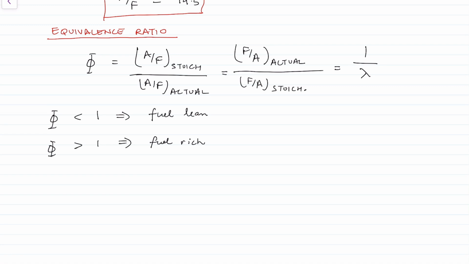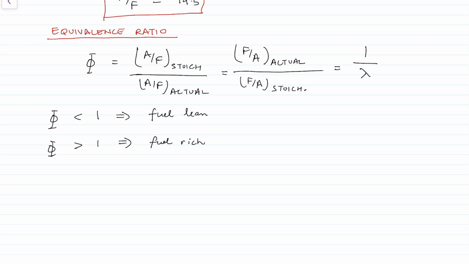You can deduce that by seeing F by A actual divided by F by A stoichiometric: if it has more fuel than air, then the actual would be higher than the stoichiometric, and that's why it's fuel rich.